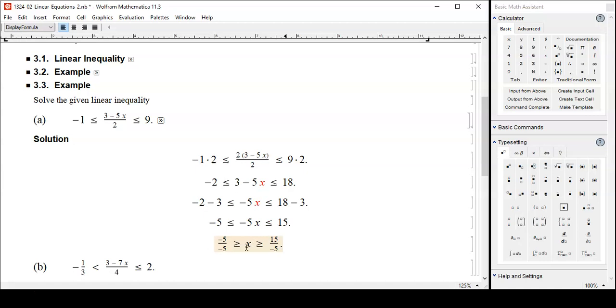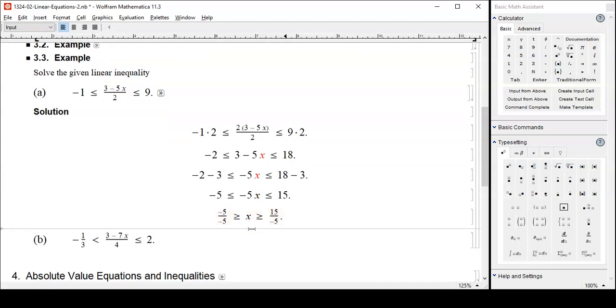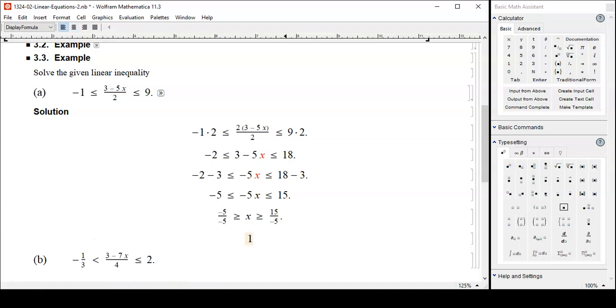Make sure you change the direction of the inequality because you just divided by a negative number. And what is this? x, negative 3. Is that it? 15 divided by negative 5, yeah, that's it.